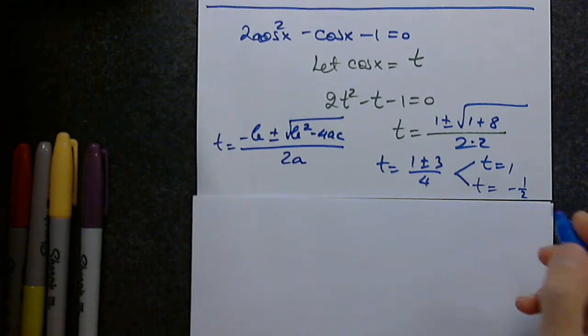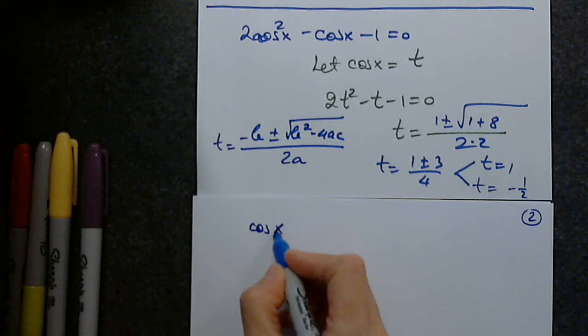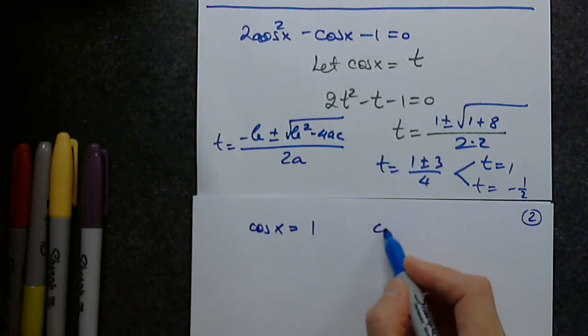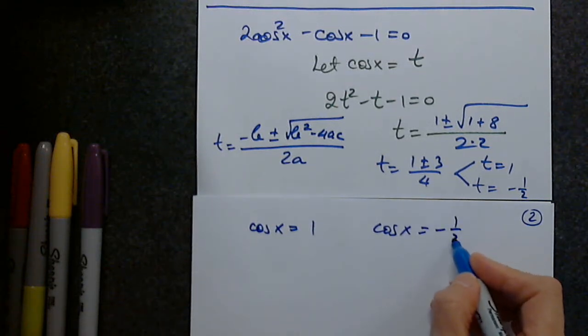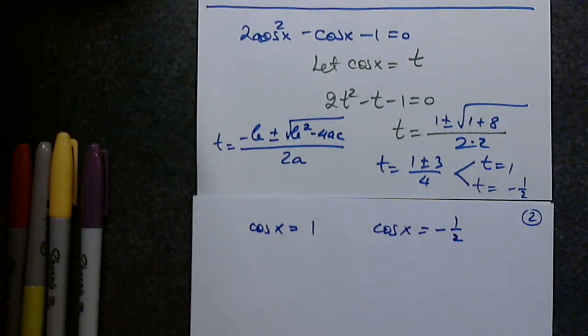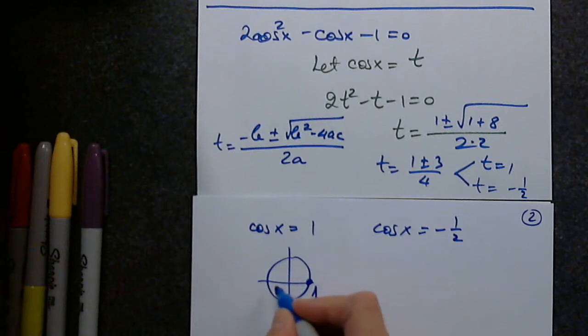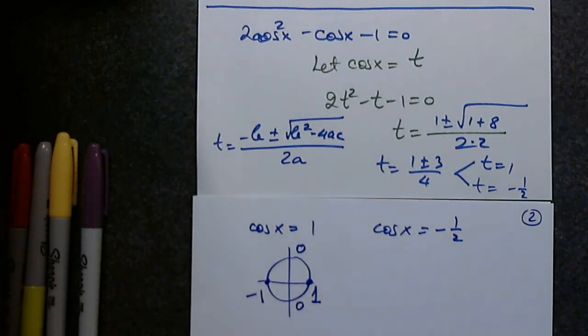Okay. And then we have two options for cosine. So the first option for cosine is 1. And the second option for cosine is? Very good. So when we solve the first one, remember cosine is 1 here, and it's -1 here. It's 0 here and 0 here.